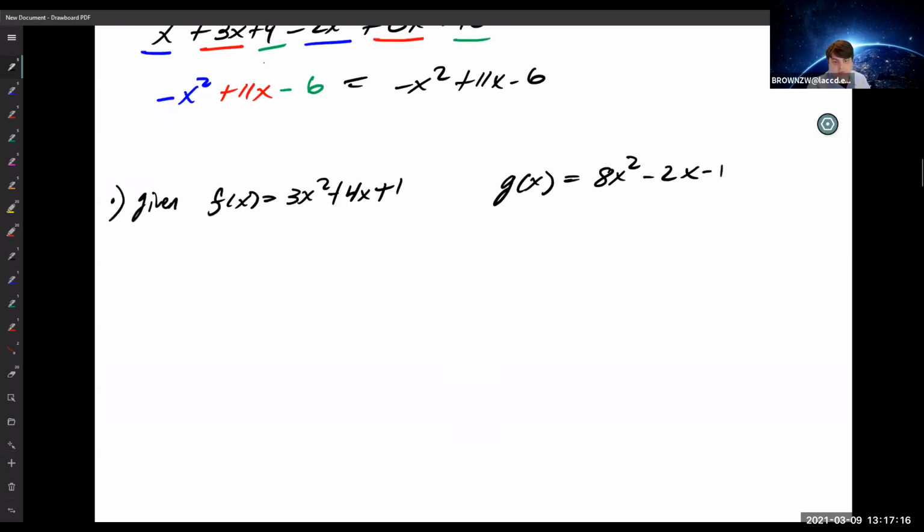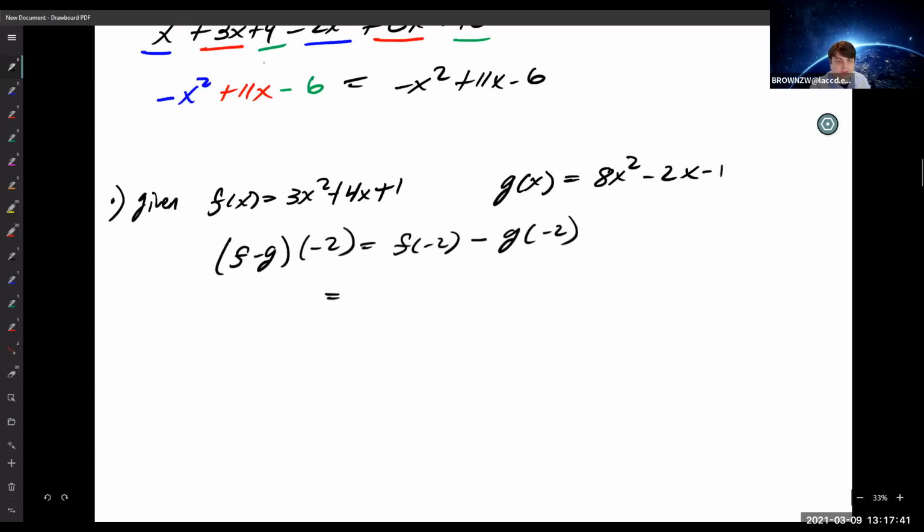So we're going to do two things. First, we're going to compute f minus g of negative 2. So what that means is we're going to take f of negative 2 and subtract off g of negative 2.